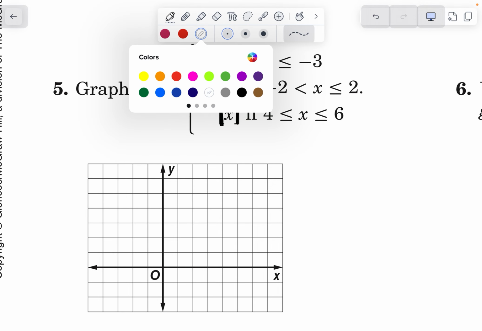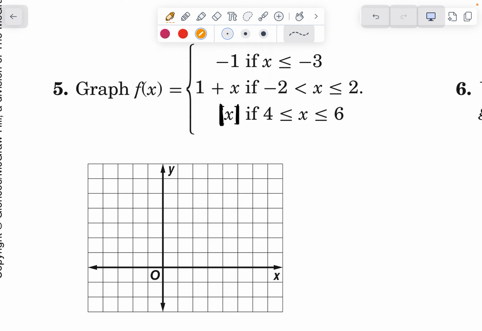Okay, so over at -3, put a dashed line. At -2, at +2, at 4, and at 6. So I like to always just put those on as a borderline marker, okay?